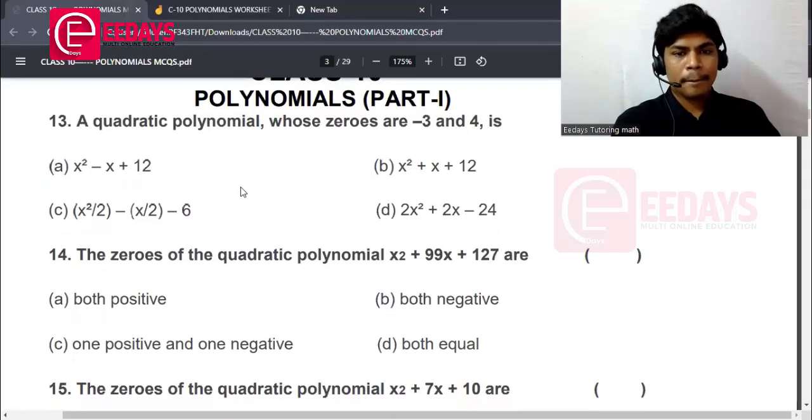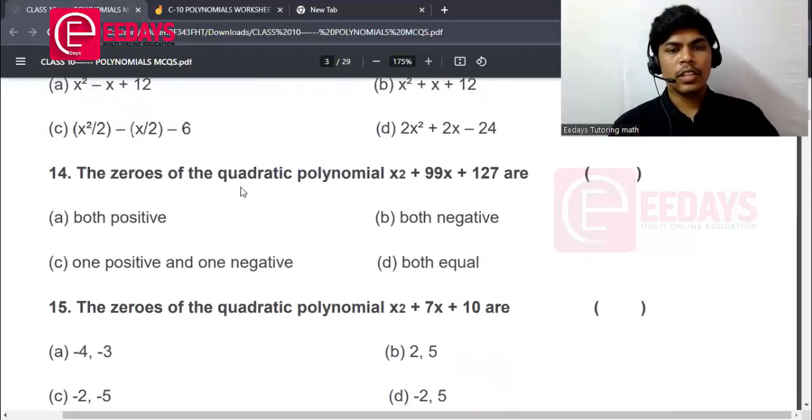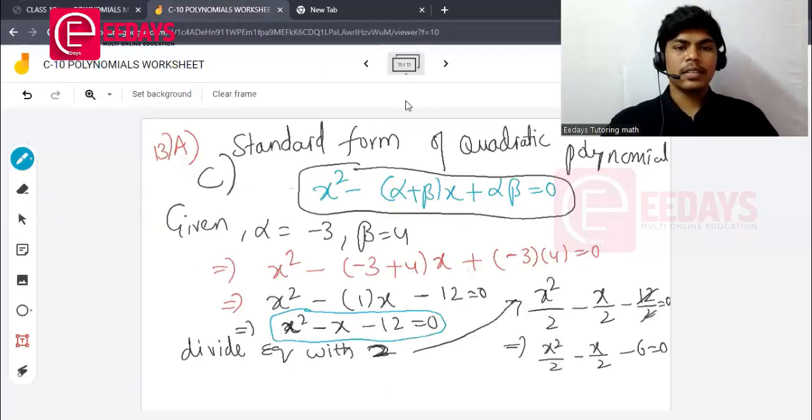Okay, the 14th one. How to solve the 14th one?